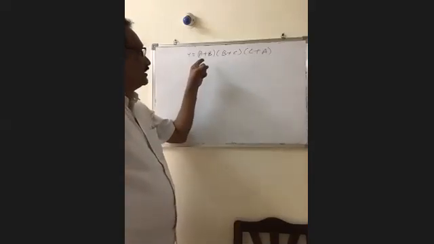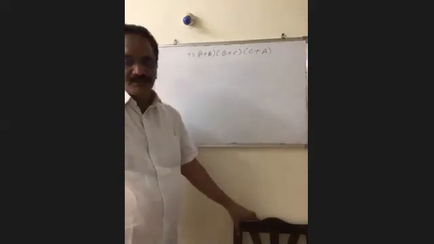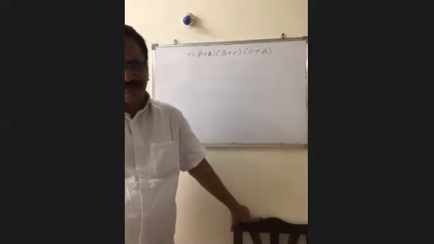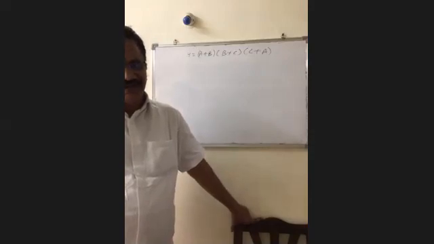So how many? To multiply all those sum terms, it requires 1 AND gate. So how many sum terms are there? 3. So it requires 1 3-input AND gate.